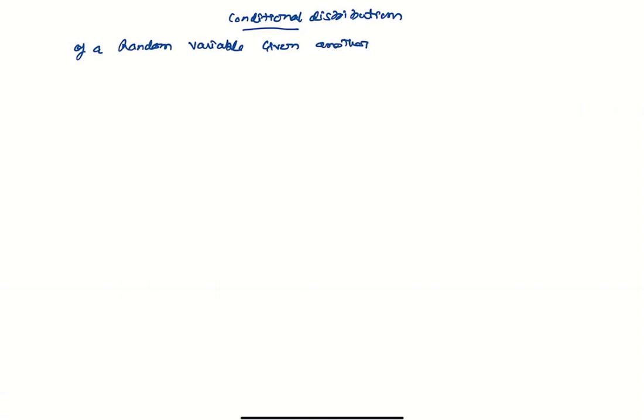Next is conditional distribution. The conditional distribution of a random variable given another random variable.